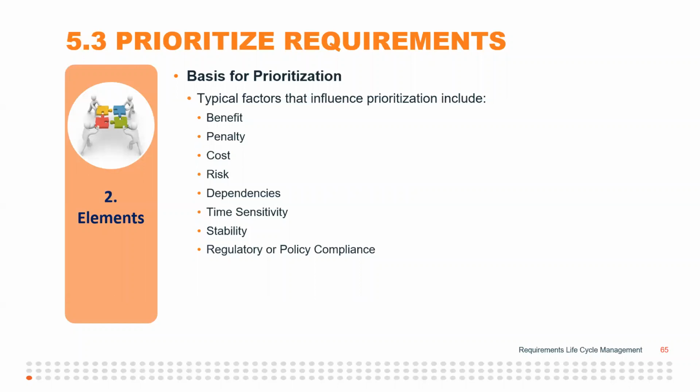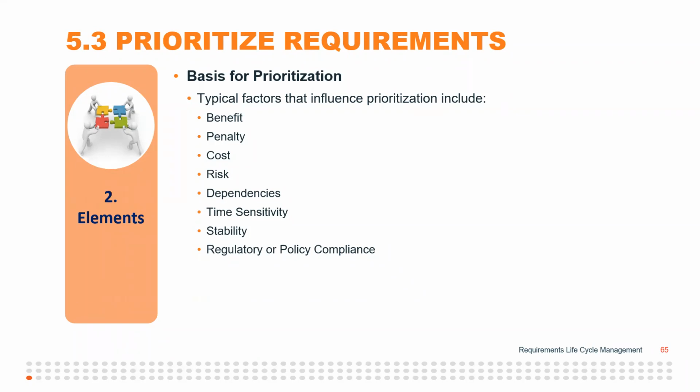Which means, for example, if this requirement is necessary in order to implement other requirements, it's going to go to the head of the line, right? Even if itself it doesn't seem that interesting, you have to do it in order, it has to be there, because otherwise you can't implement these other requirements.